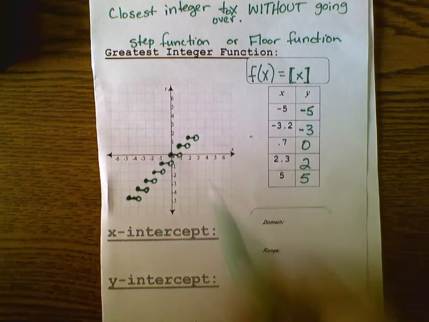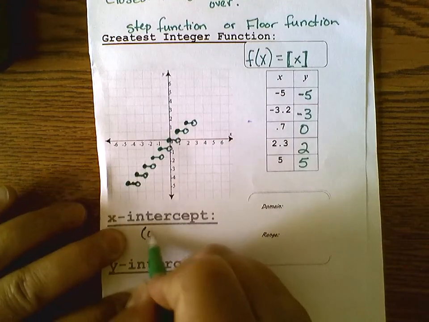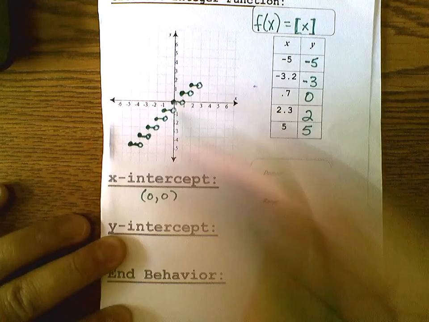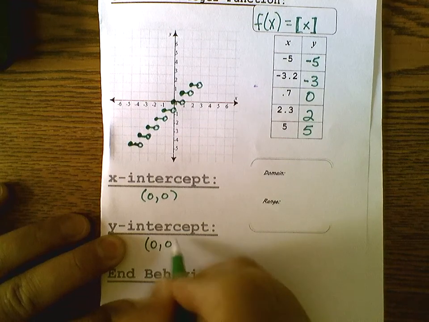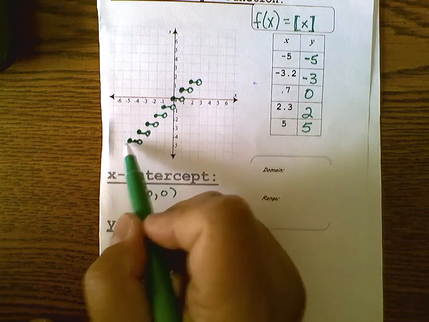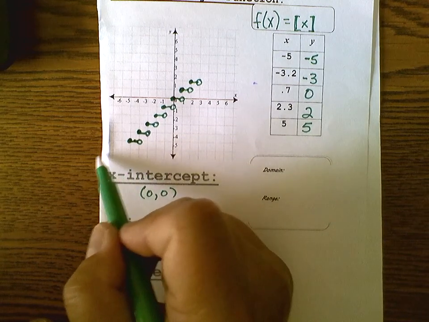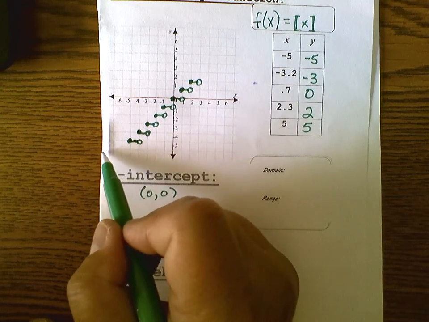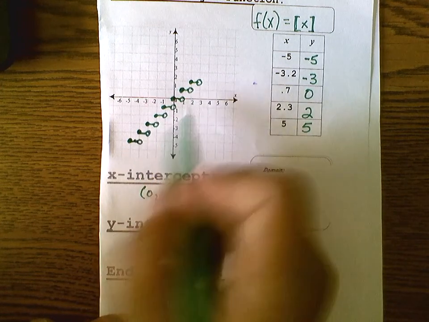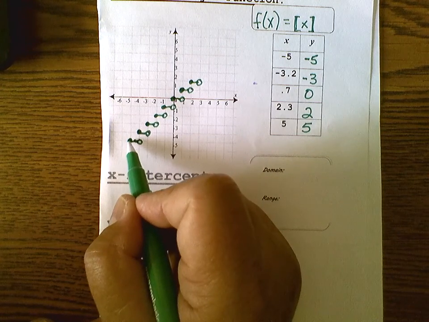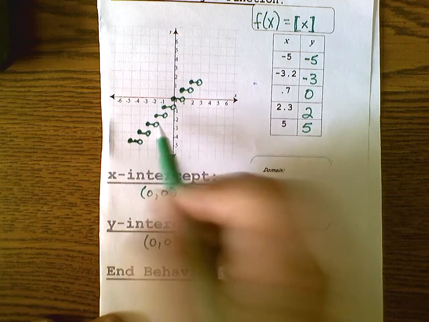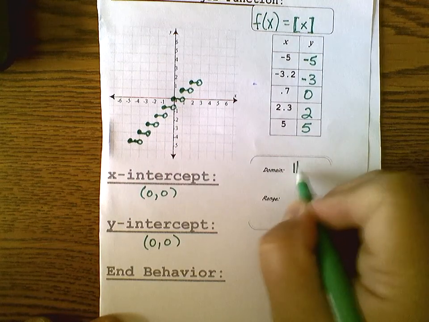So what's our x-intercept here? Well, it's still 0, 0. And our y-intercept is still 0, 0. The domain. So if we look, and this does keep on going, even though I stopped, it keeps on going forever. So it does go to the left forever, and it does go to the right forever. And these gaps are not concerning us, because we go -5 and then -4 and then -3. So we are covering everything. Everything is covered as far as the domain.